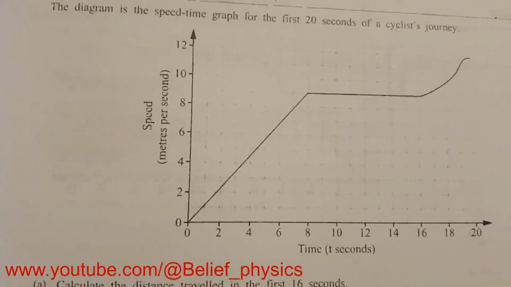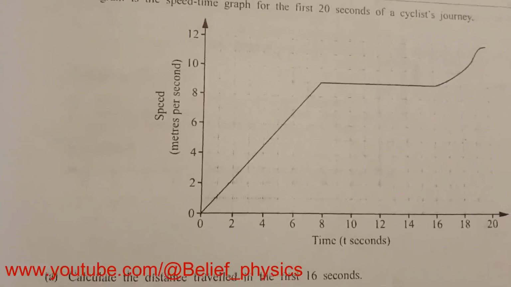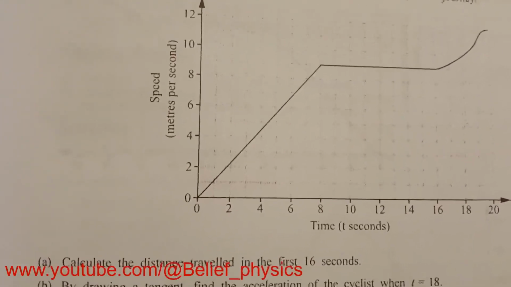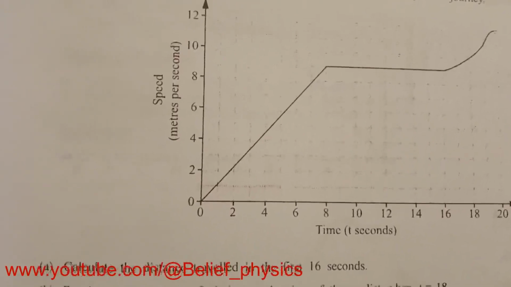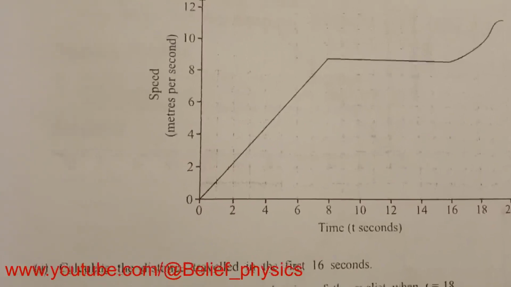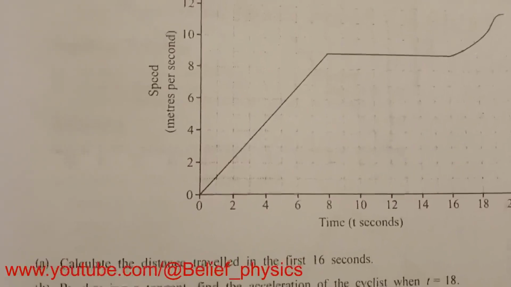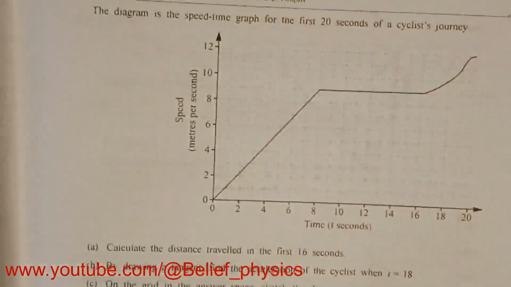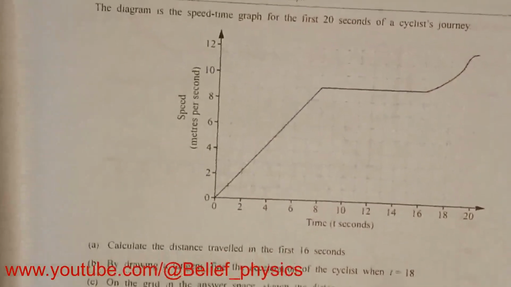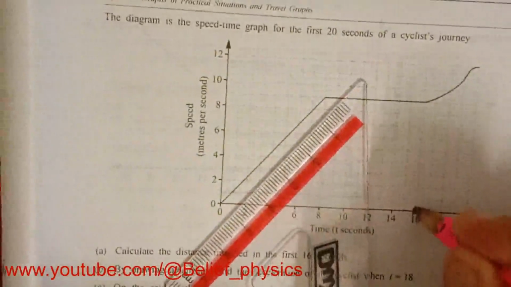You know, the distance traveled is always equal to the area under the graph. So we will use this rule to calculate the distance traveled in the first 16 seconds. Look here on the graph, this mark is 16 seconds.